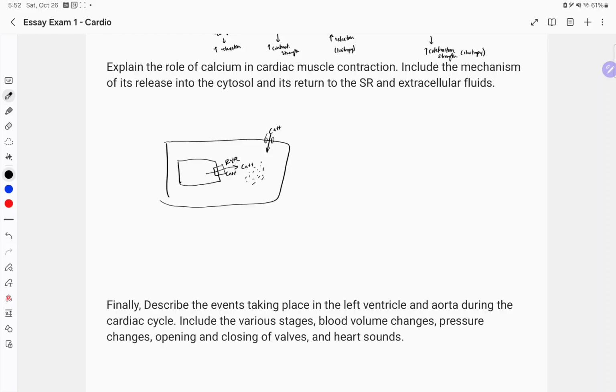And which is going to interact with the troponin, which is going to allow for muscle contractions.